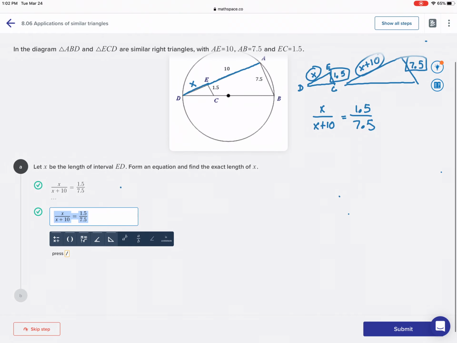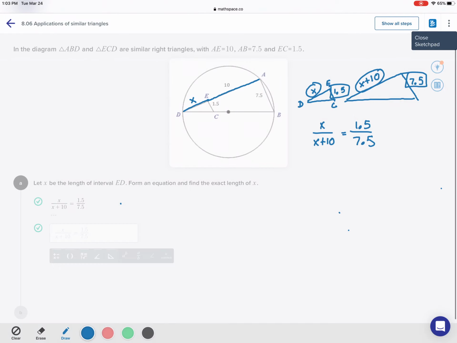It looks like it wants us to solve it. So we're going to go ahead and cross multiply. So we got 1.5 times x plus 10 equals 7.5 times x. I'm going to distribute the left side. So we get 1.5x plus 15 equals 7.5x.